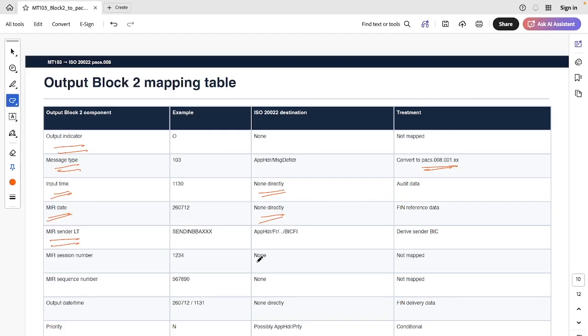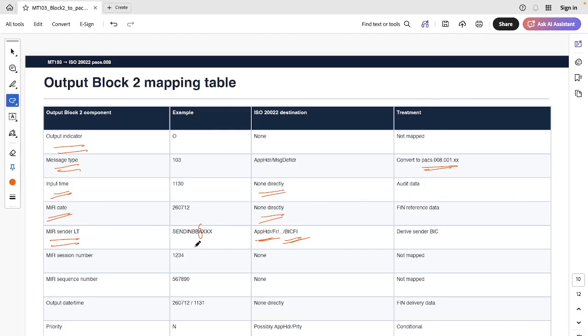The MIR sender identifies the institution that originally submitted the message into Swift. This value may help derive the app header and within the BIC element. However, remember that the 12 character logical terminal address must be converted appropriately into the BIC by removing the logical terminal code.